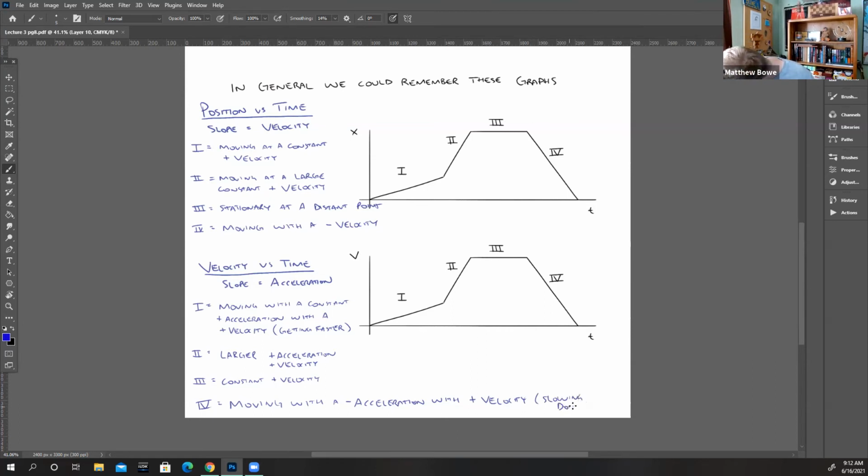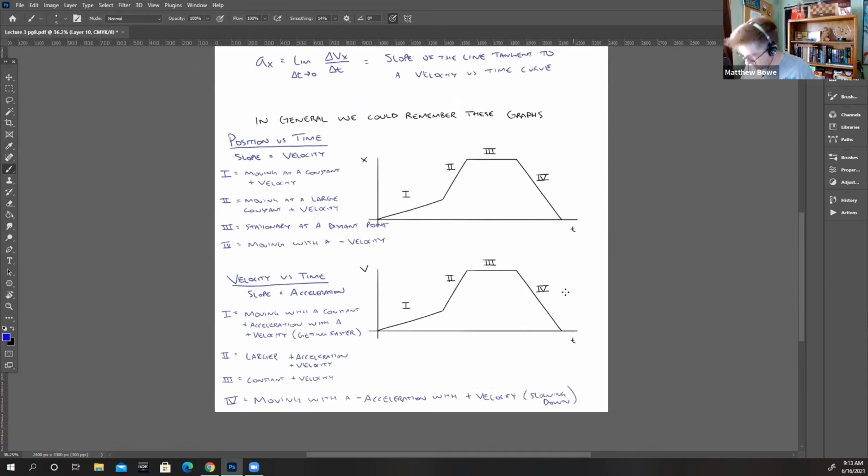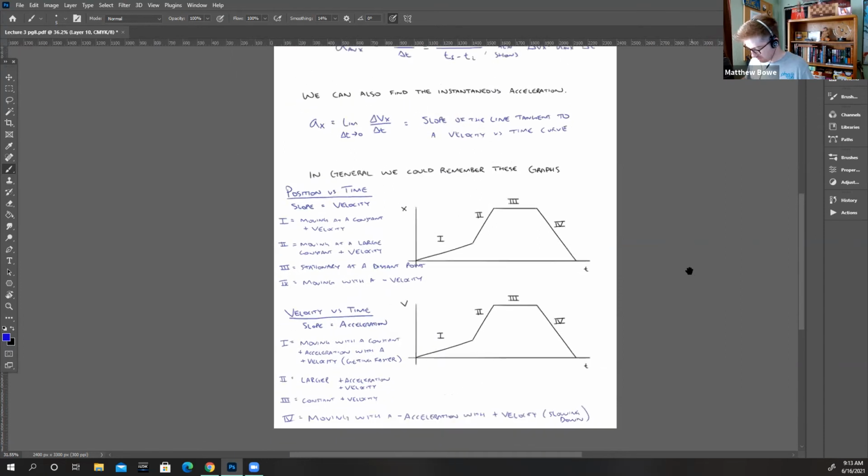And, you know, there's a lot of awful handwriting at the bottom. I will fix it in a little bit. But this is where I want to stop for today.